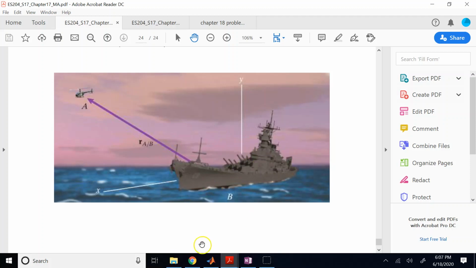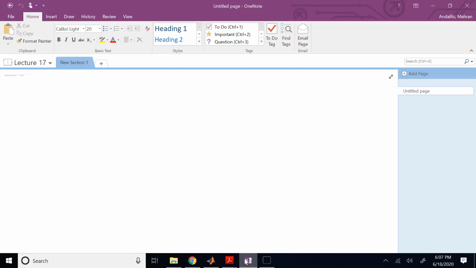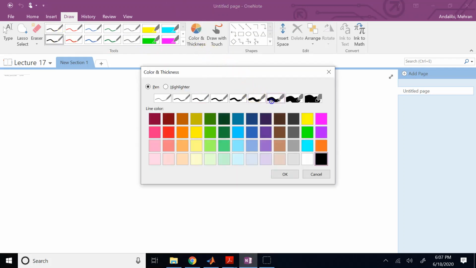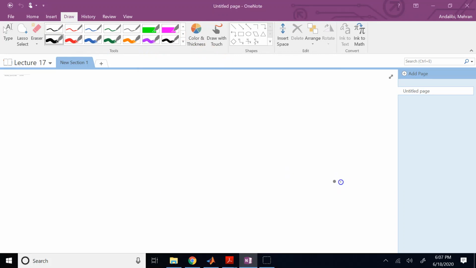So if I look at this ship from the top, I would see something like this. Now take it from me, assume that it's the ship.